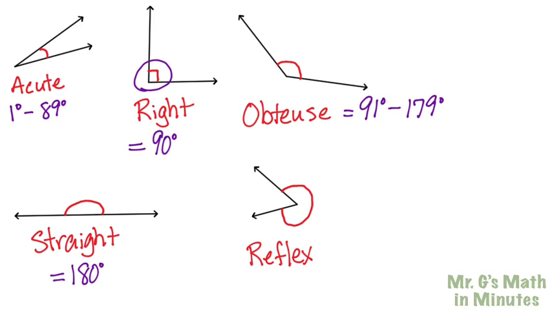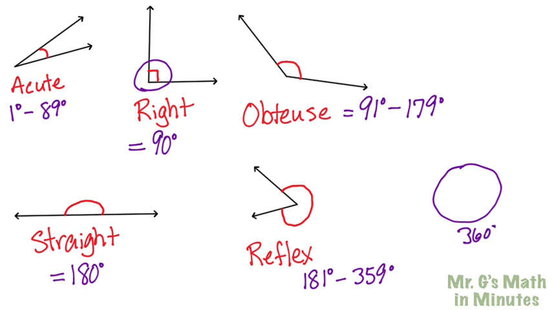And then the last one is a reflex angle. Reflex angles are anything above 180, so 181 degrees, all the way to 359 degrees. And then obviously a 360 degree angle would just be a full circle.